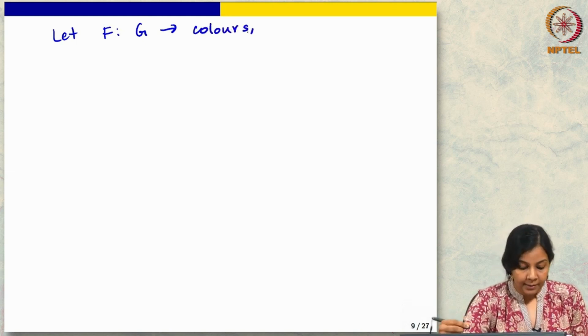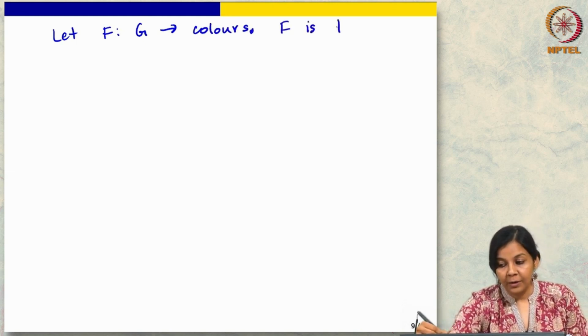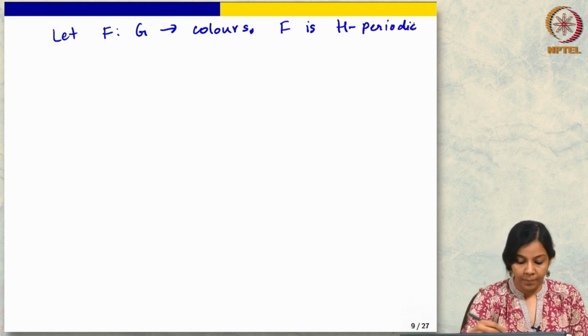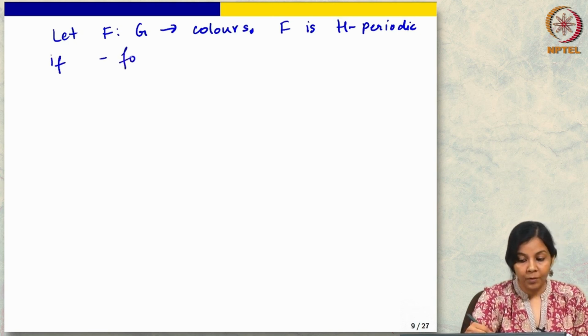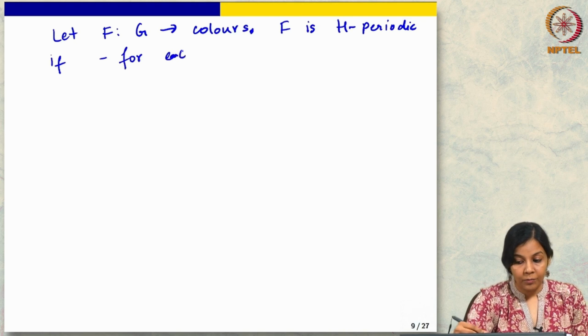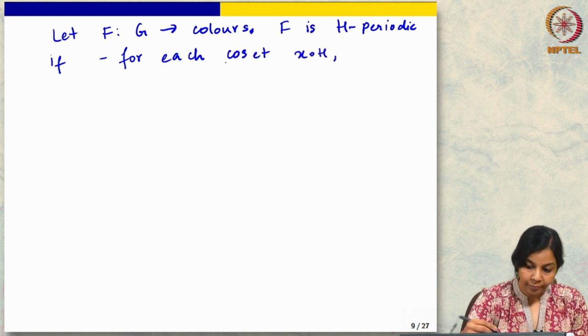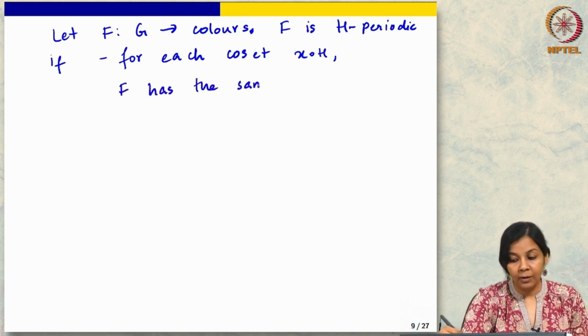So, F is H periodic if for each coset XH, F has the same color on all elements.